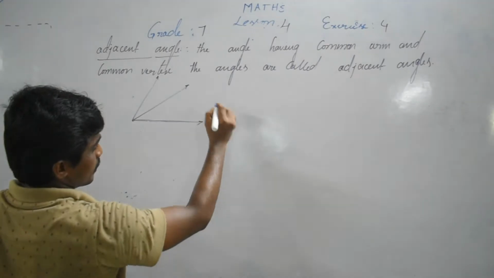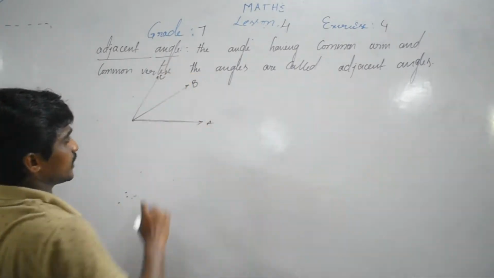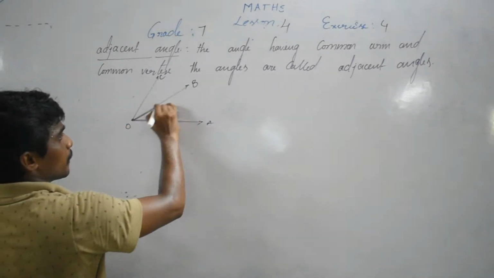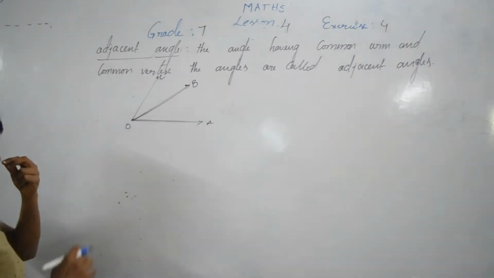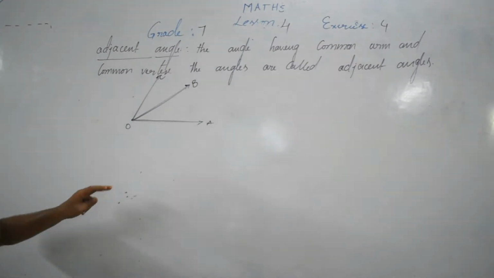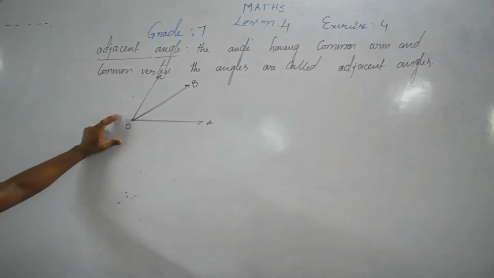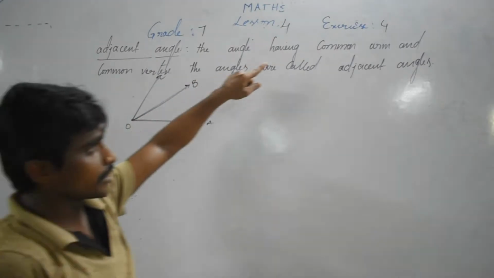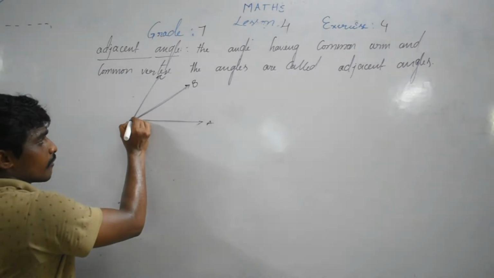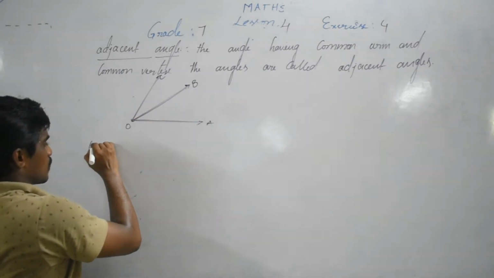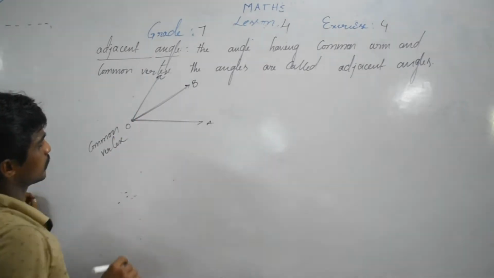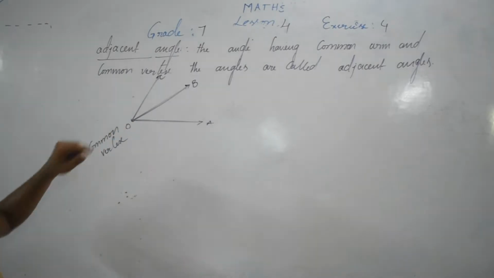This is ray A, ray B, ray C. Ray A has common point O, ray B has common point O, ray C has common point O. So these three rays share the common point O. So here is the common vertex. This is called the vertex, the common vertex.